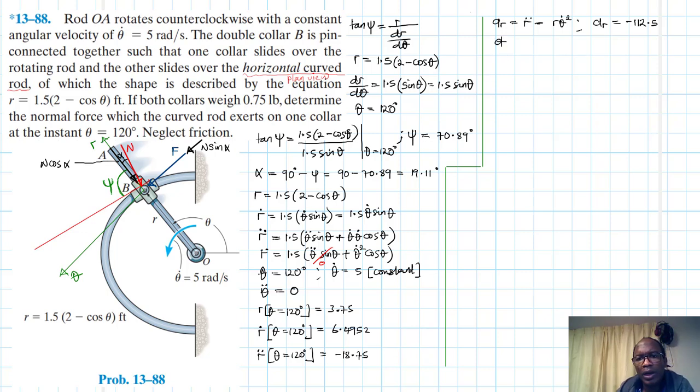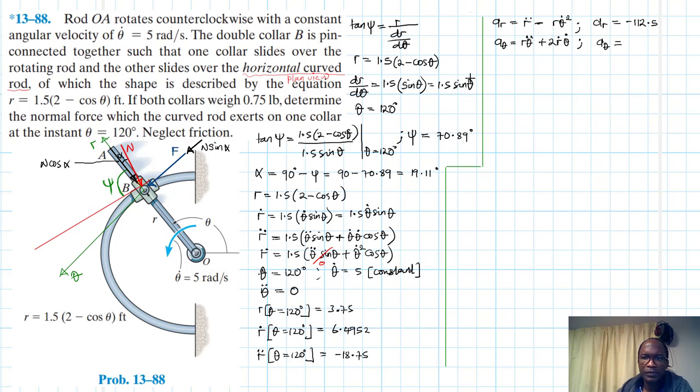Okay, and then we have a theta, which is just equal to r theta double dot plus 2 r dot theta dot. Okay, what do we have? Let's plug in all the values. We already have them.